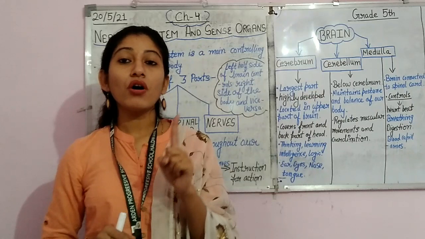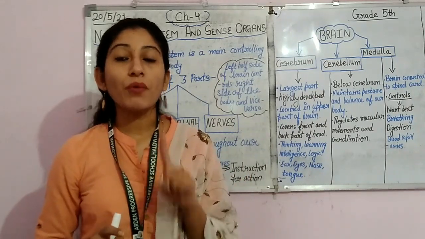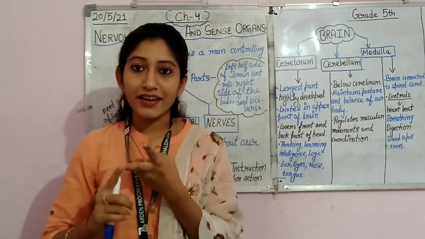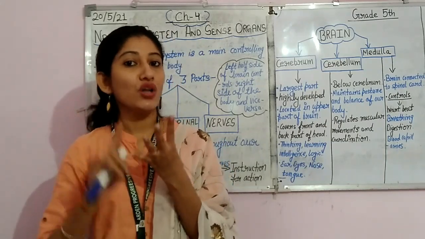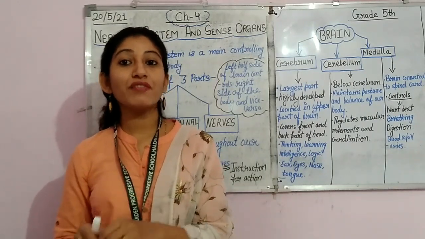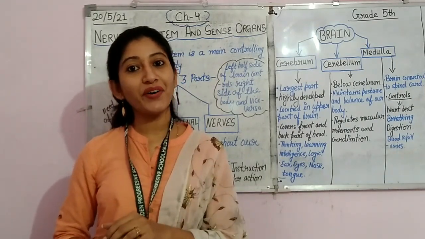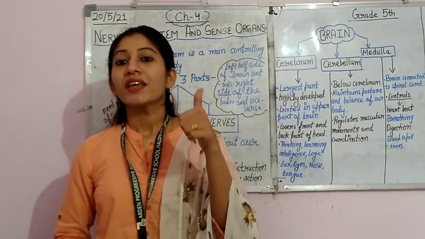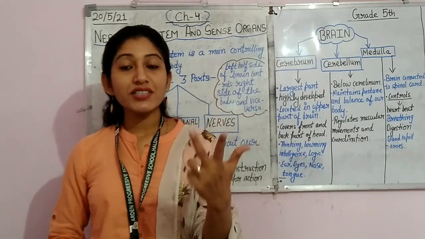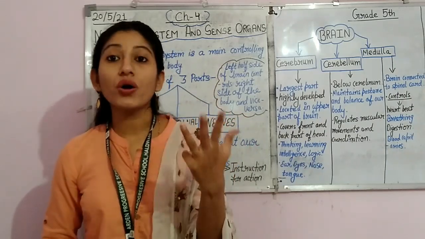So the cerebrum of the brain is responsible for thinking, learning, intelligence, logic. This part of the brain is responsible for all the things that you need for doing studies, that is thinking, learning, intelligence and logic.